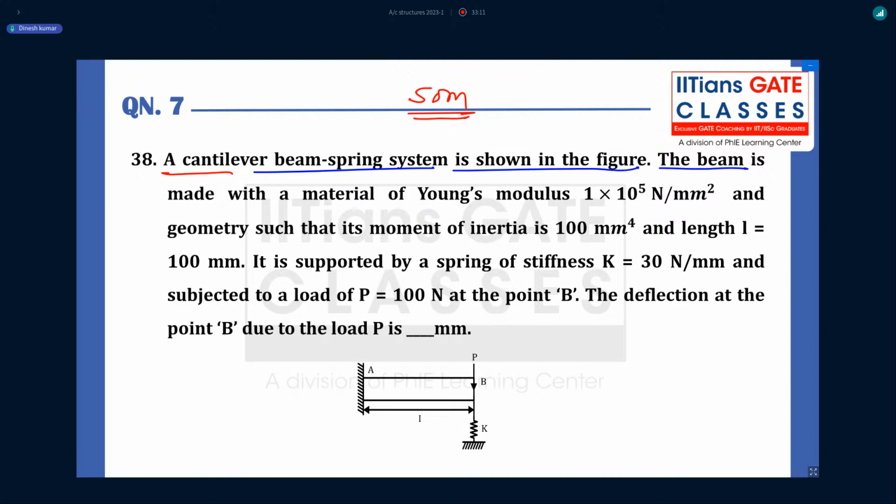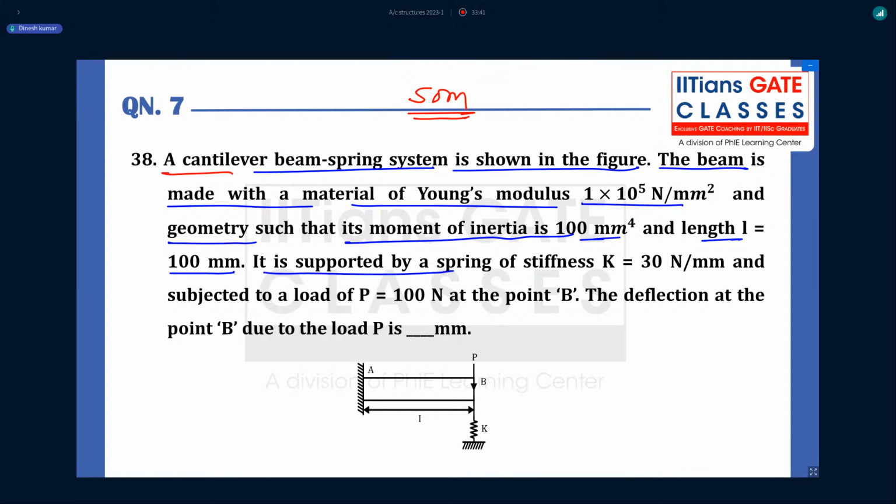The beam is made with a material of Young's modulus 1 into 10 to the power 5 Newton per mm square, and geometry such that its moment of inertia is 100 mm to the power 4, length L equal to 100 mm.